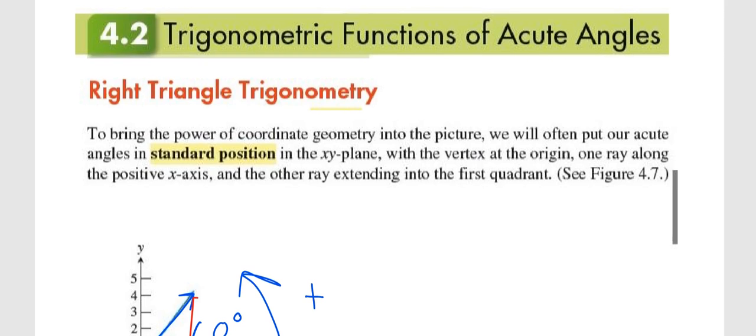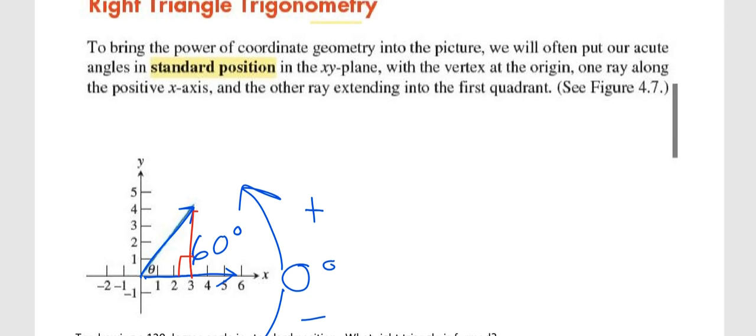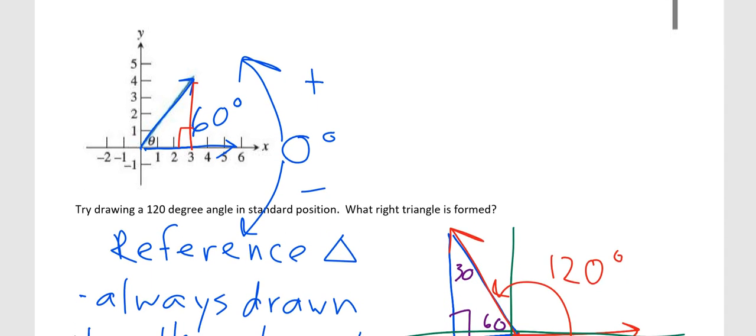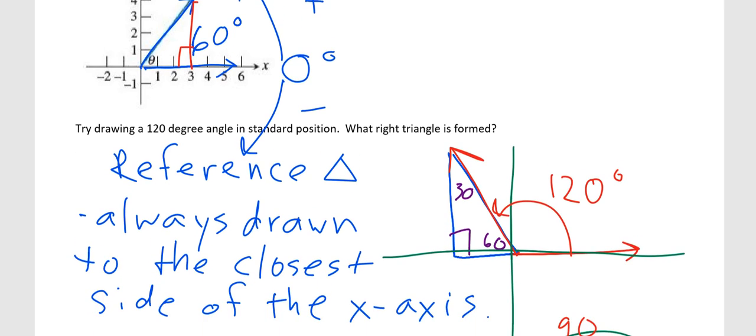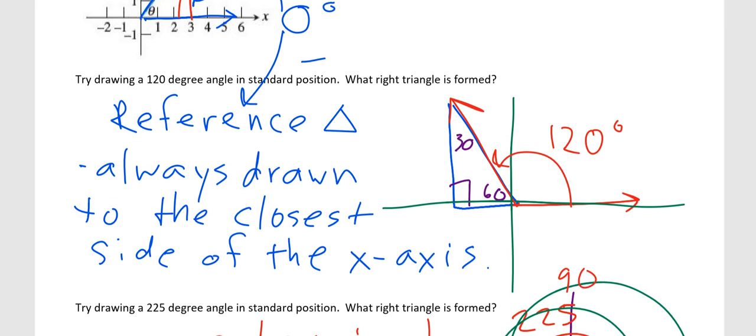We started yesterday talking about right triangle trig, what a standard position angle looks like, positive rotations moving in the counterclockwise direction, and clockwise moving in the negative direction. We referred to the reference angle or reference triangle for a 120 degree standard position angle.